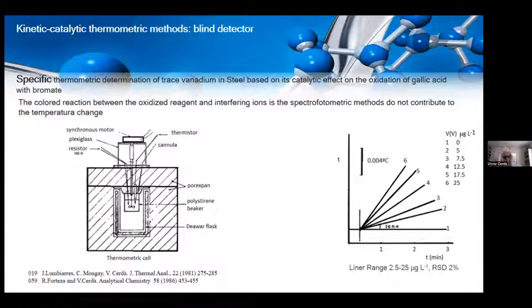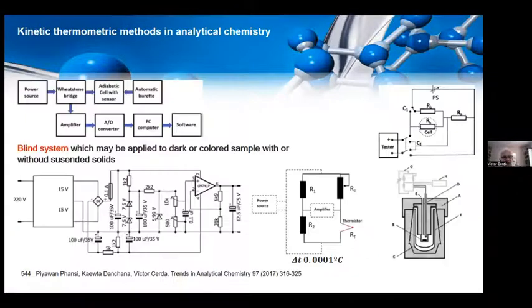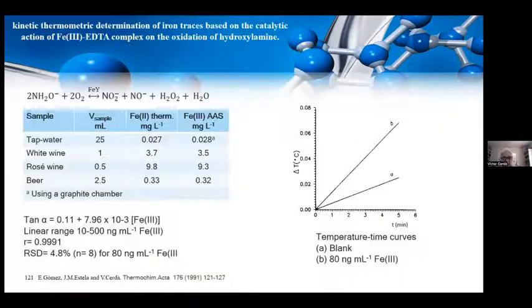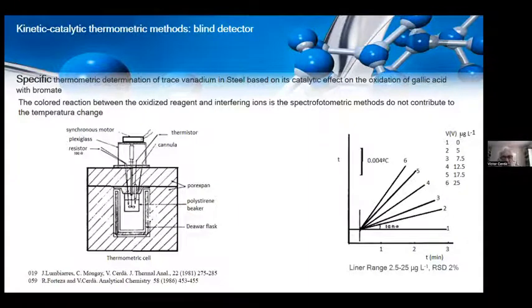One of the advantages of the thermometric methods is that they are blind to color and turbidity. It means you can apply the methods in colored samples, and indeed when you have suspended solids. This means you cannot use fluorimetric or spectrophotometric methods.